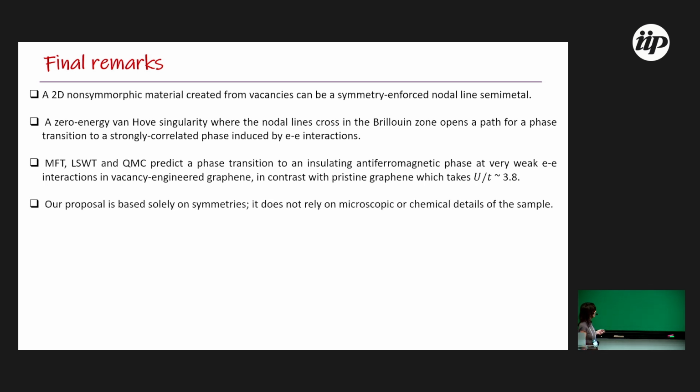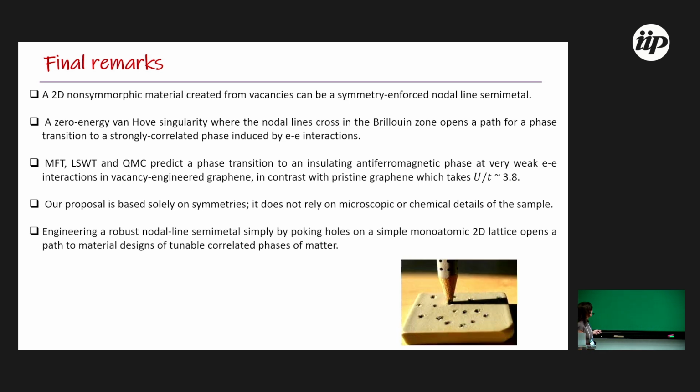However, this scheme is based solely on symmetries, which means that it doesn't have to be graphene. It just has to start with this vacancy engineered nodal line semi-metal and repeat the procedure. So the methodology and the fundamental physics do not rely on chemical composition or the microscopic details of the materials at all.